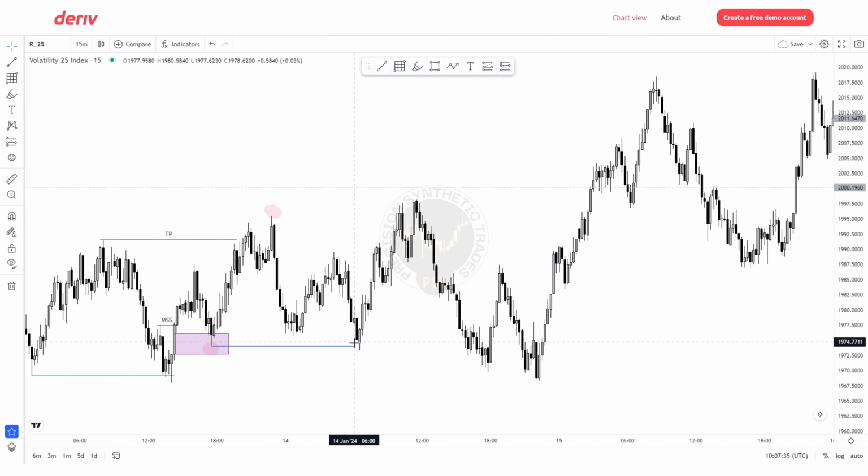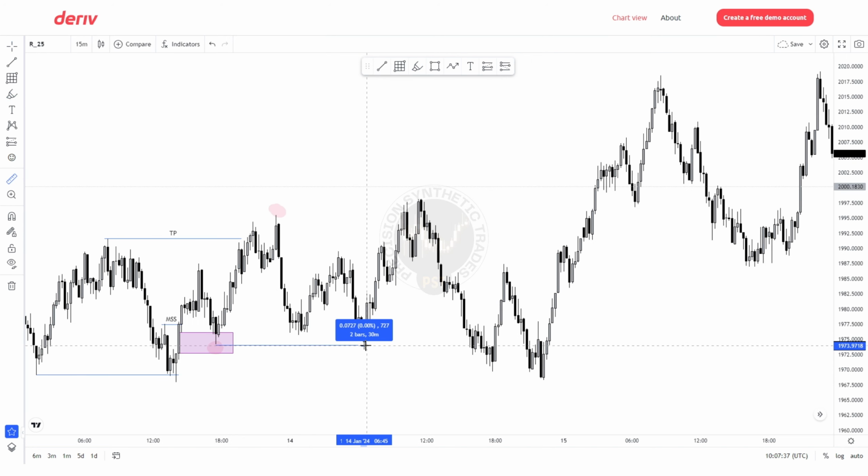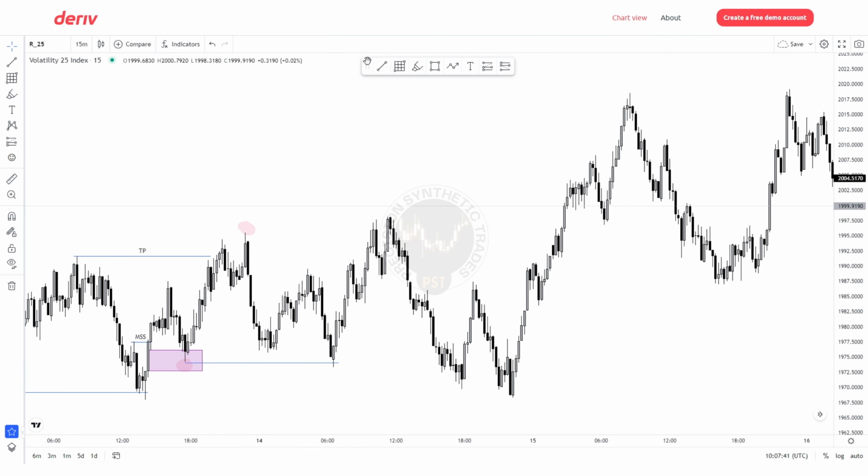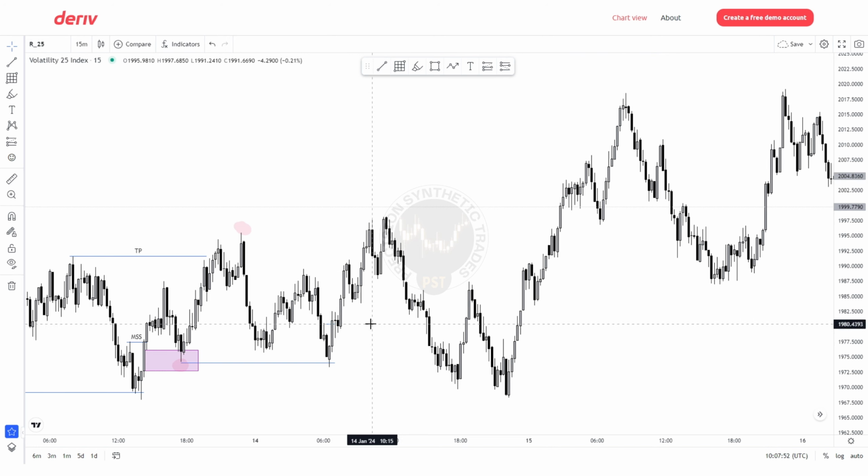Price came down, took our liquidity just here. We had a market structure shift. On the lower time frame, you'll see that is a fractal high. Where was the fair value gap?